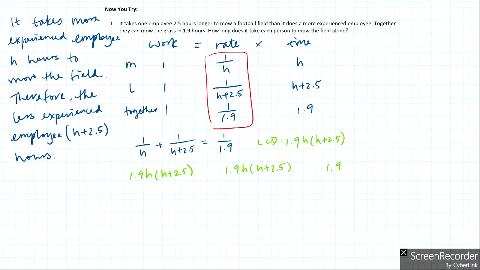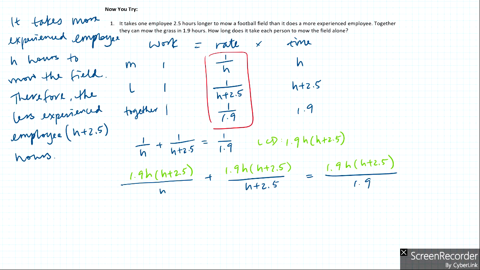And on the right hand side, I also have this on the numerator. So I'm just writing out all the numerators together, and then in the denominator, I had H, H plus 2.5, and finally I had 1.9. So that's what we should have if we multiply the LCD across the board.